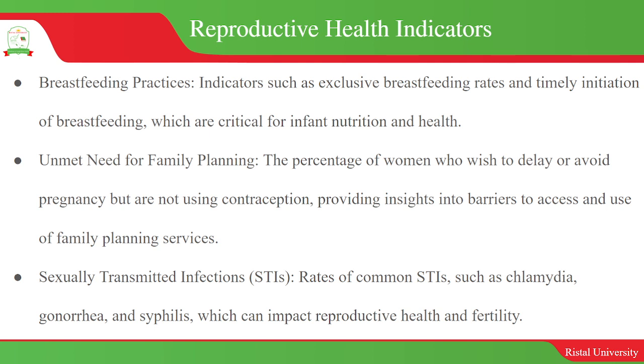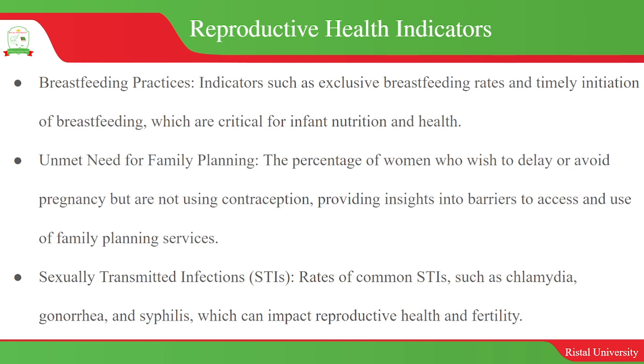The unmet need for family planning, the percentage of women who wish to delay or avoid pregnancy but are not using contraception. Okay, they want to use family planning but they cannot because of access reasons or issues to do with availability of reproductive family planning services.